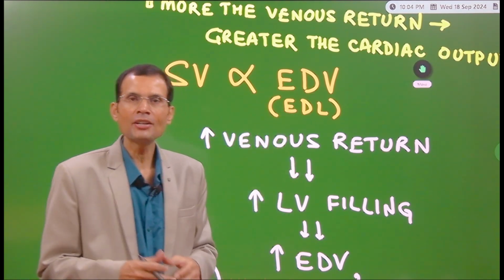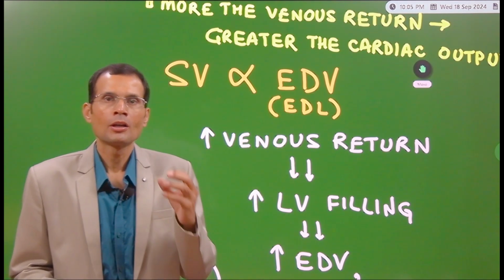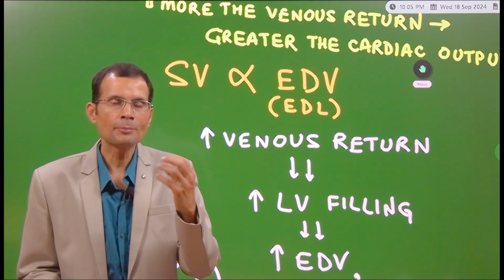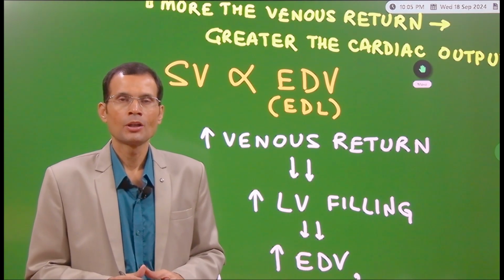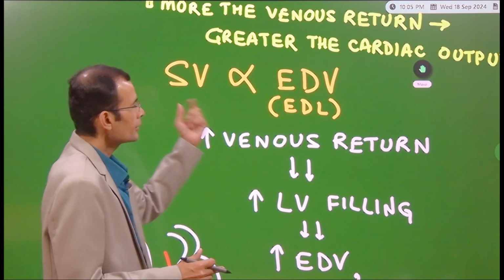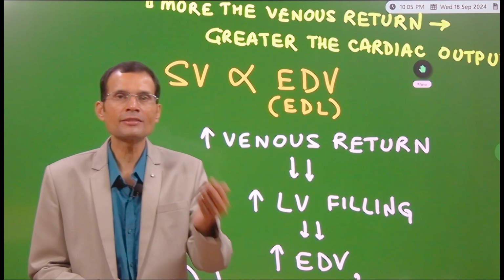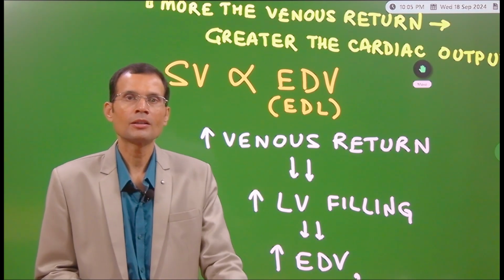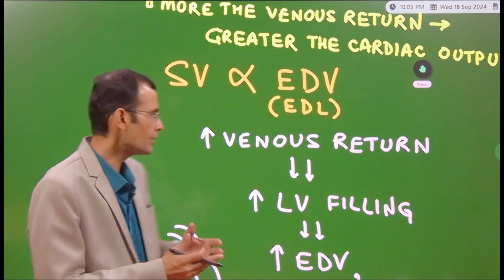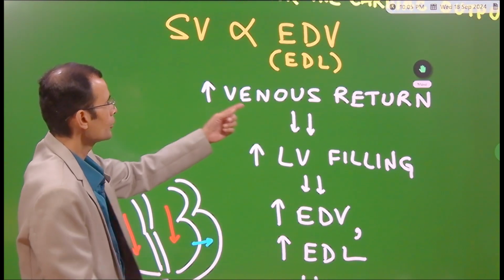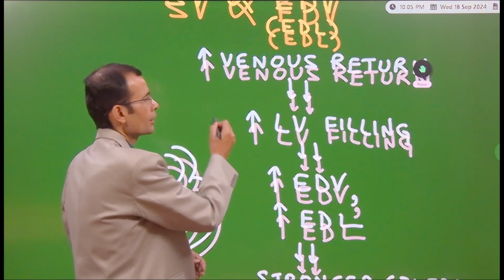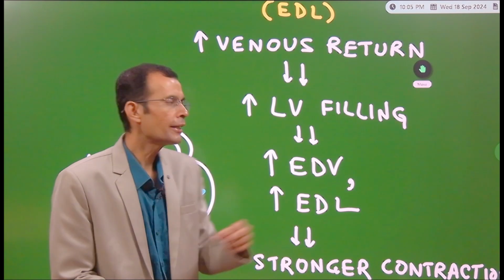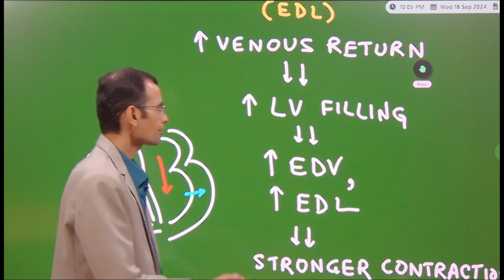So what is end diastolic volume? It is the volume of the blood in the ventricle by the end of the diastole. So you understand this part, that more the venous return, that means more will be the ventricular filling. You can see here, more the venous return to the heart, greater will be the blood filled into the heart, into the left ventricle.